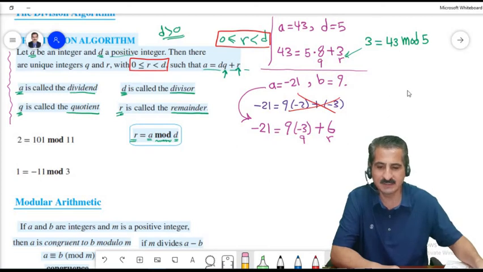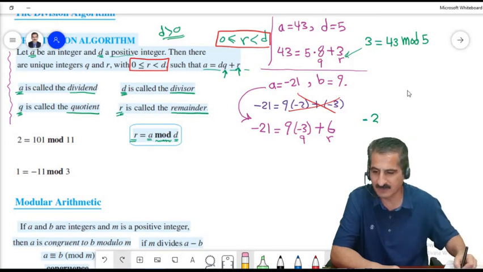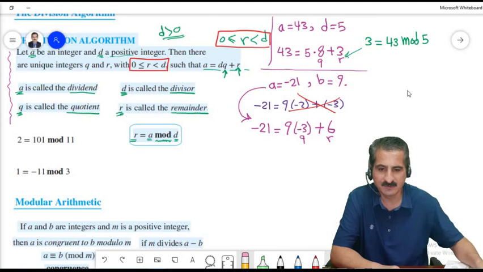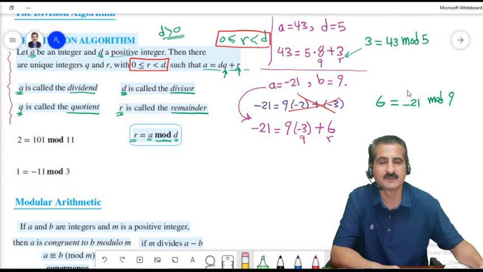And here, negative 21 mod 9. The remainder is 6. We will write it this way.